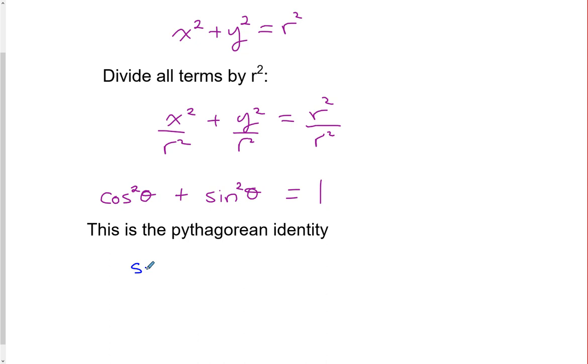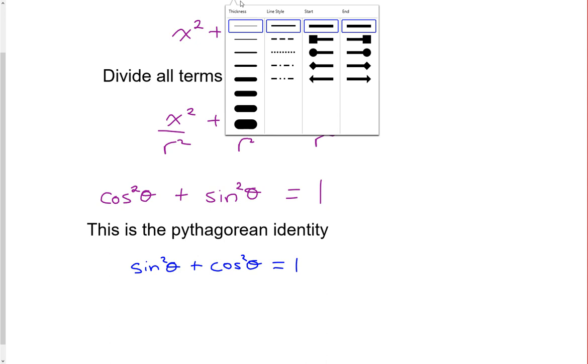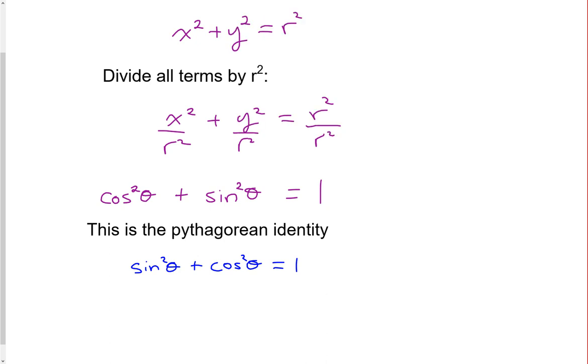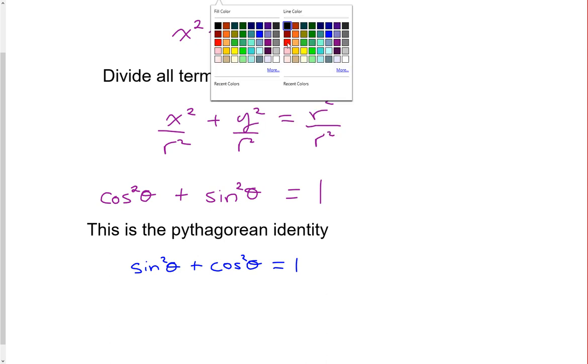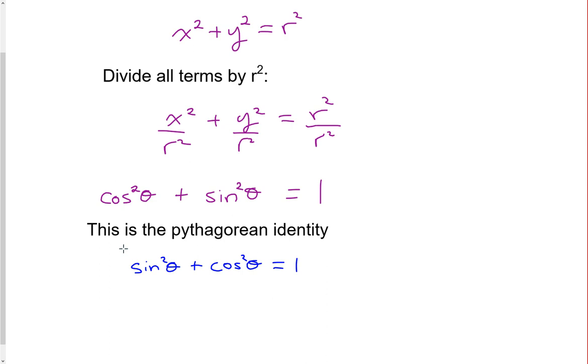Not that that's any more correct, but this is usually how it's written, because sine comes first when we say sine, cosine, tan usually. So I'm going to put a red box around that one because that's how it's usually written. No, thank you, not a circle. I would like a rectangle.